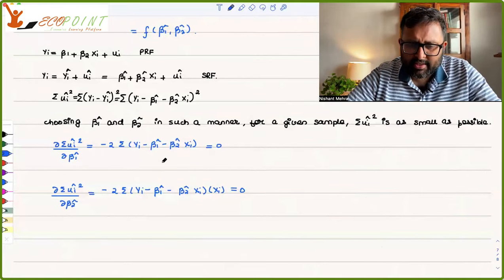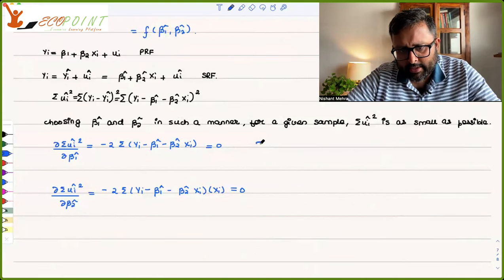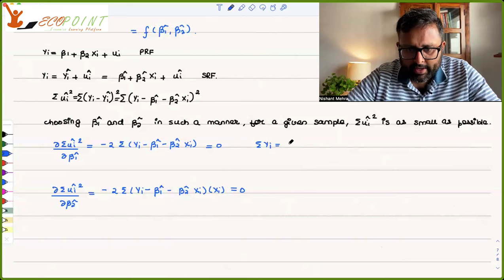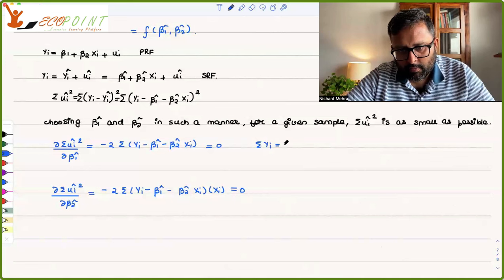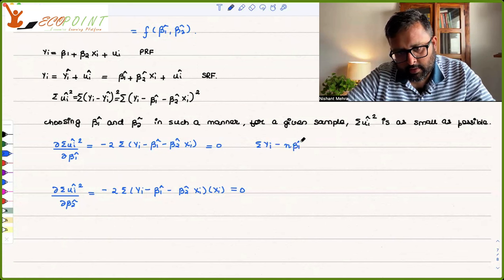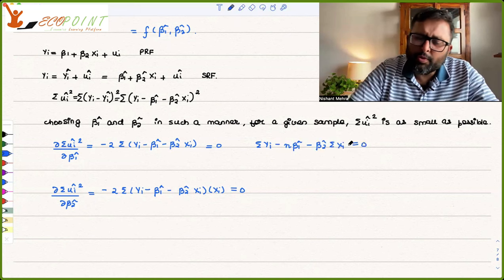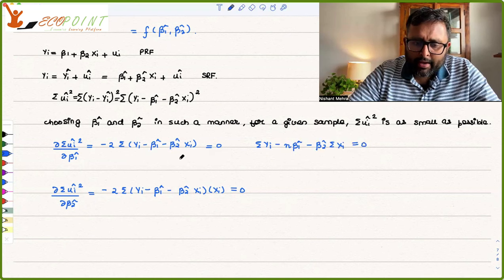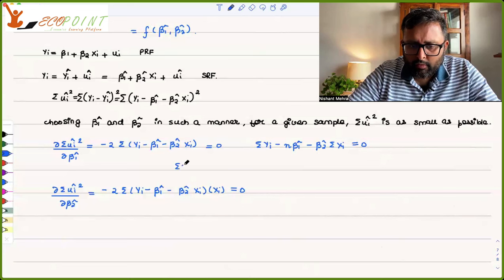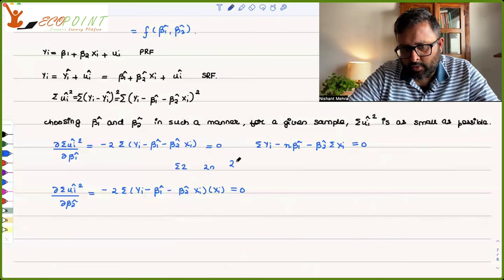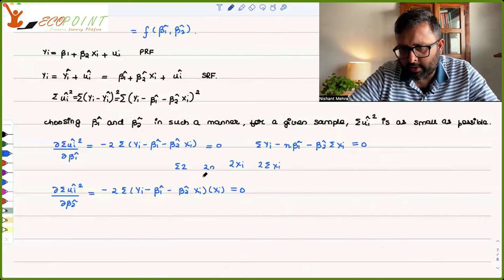So how can I write this? The minus 2 goes to the other side and becomes 0, and I can just open this up. Summation of yi minus n beta 1 hat minus beta 2 hat summation xi equals 0. I hope you know that when I sum over a constant, if there are n terms, it becomes n times the constant. And summation of 2xi is 2 summation of xi.